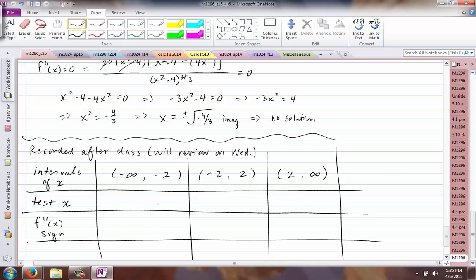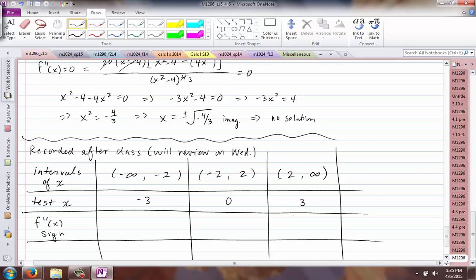The test x I'm going to use for the interval negative infinity to negative 2 is negative 3. From negative 2 to 2, I'm going to use 0. For 2 to infinity, I'm going to use 3.